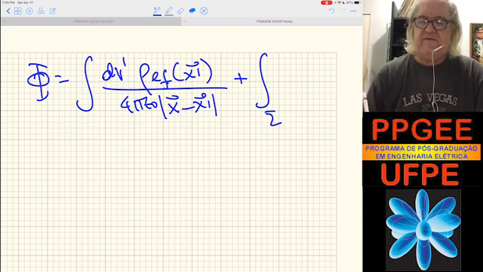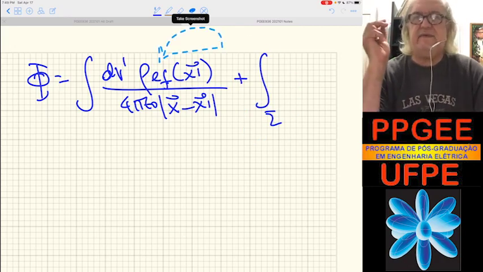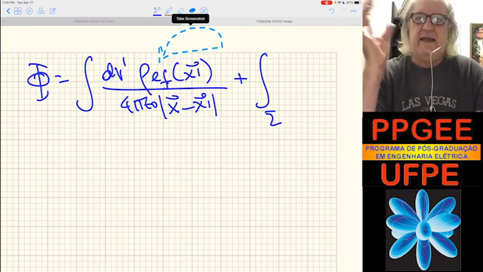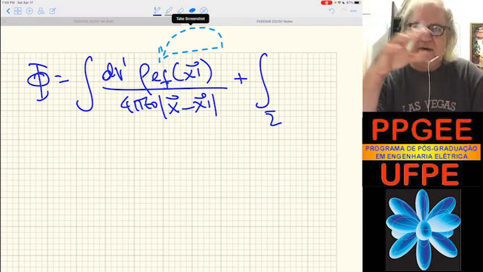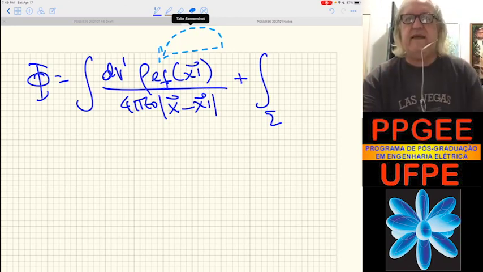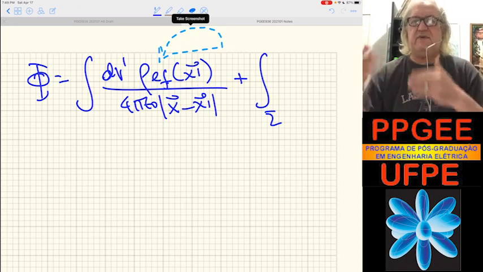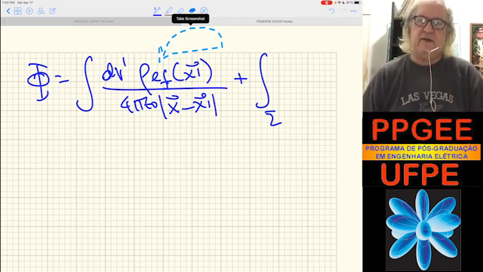But I can also forget that integral and put everything in this volume density, right? And then I can make the particular calculation of the volume integral, reducing it to a surface integral if necessary, or to a line integral if the volume is just one-dimensional. I mean, this volume integral is going to be broken into different integrals if necessary.